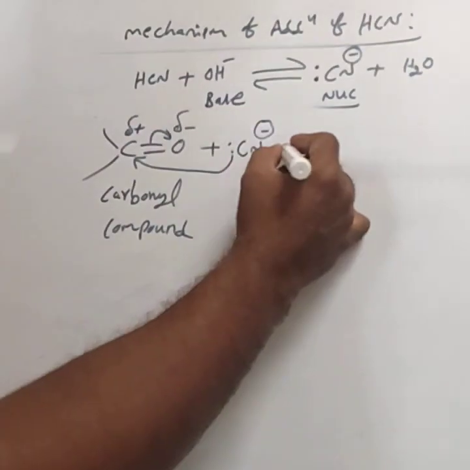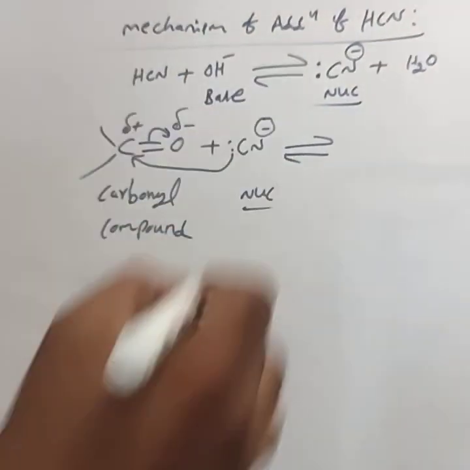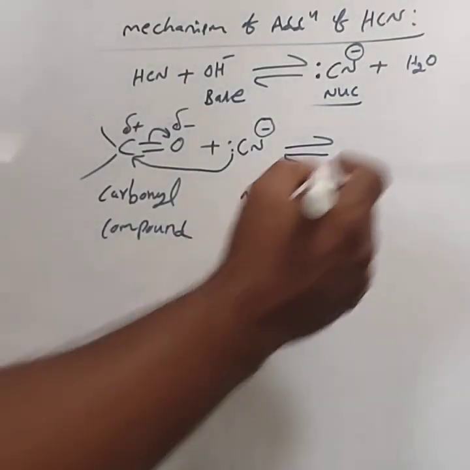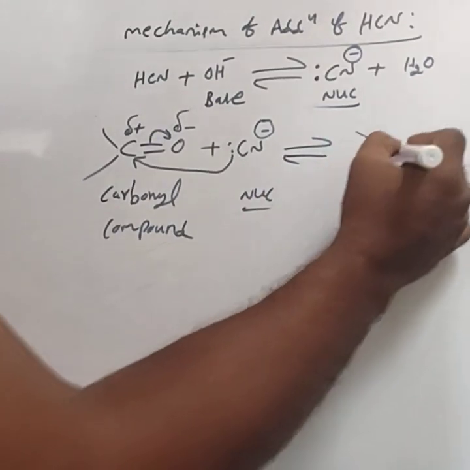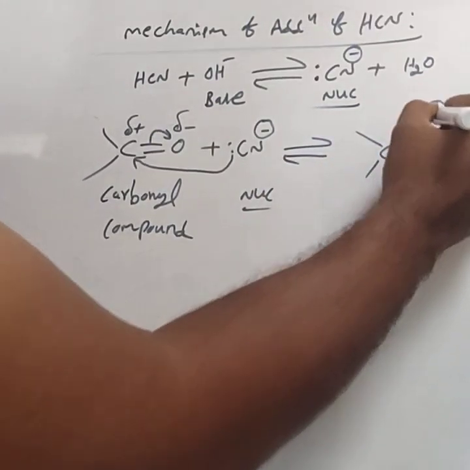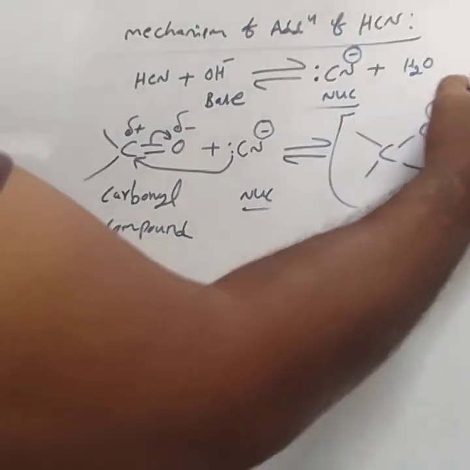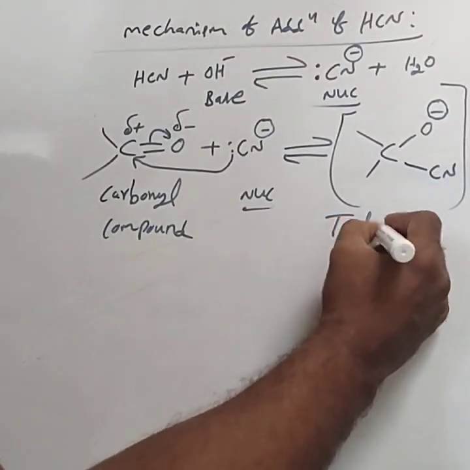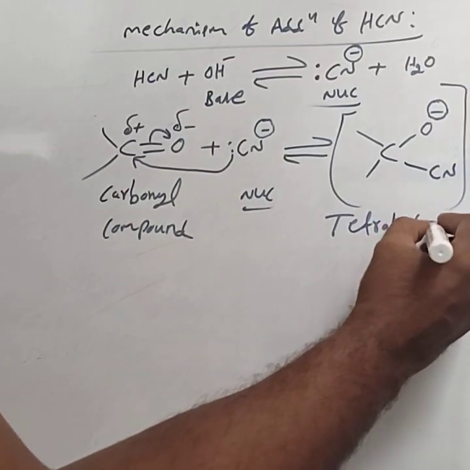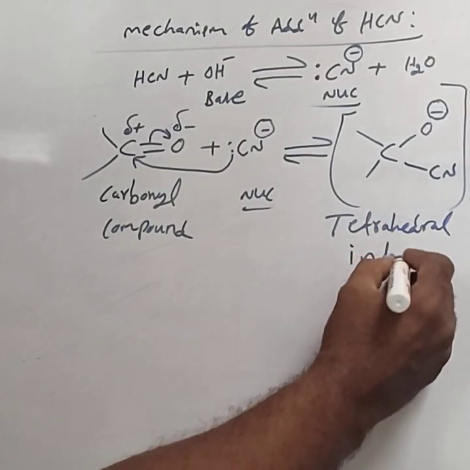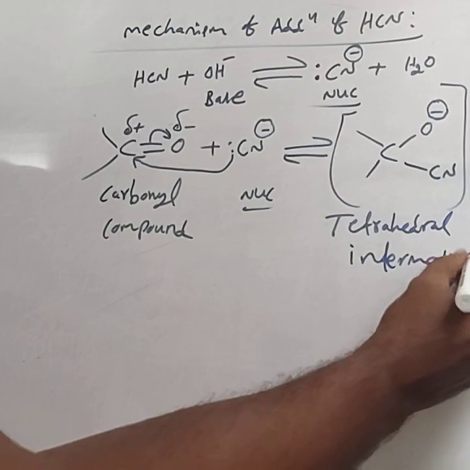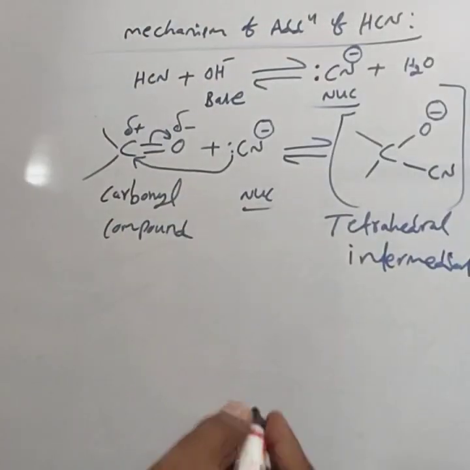That results in the formation of a tetrahedral intermediate, with O minus and CN. This is called the tetrahedral intermediate. A tetrahedral intermediate is formed.